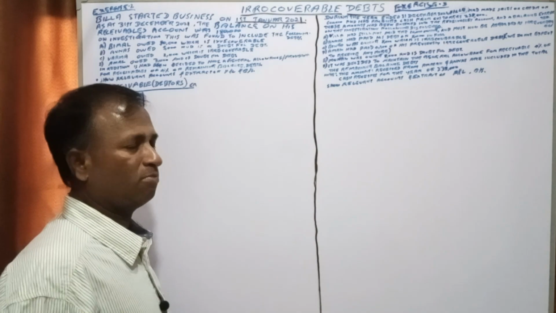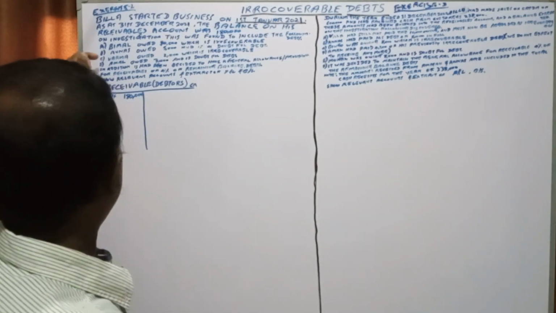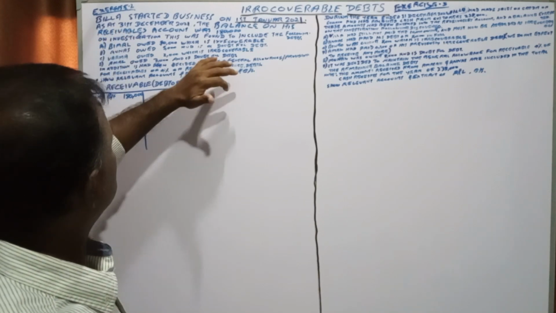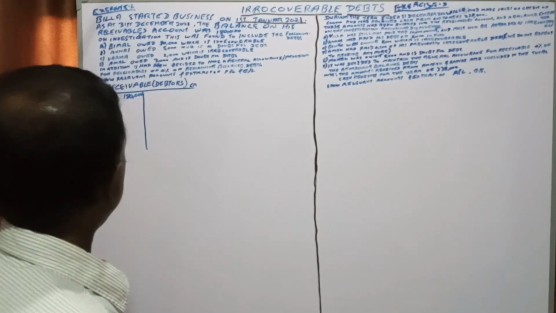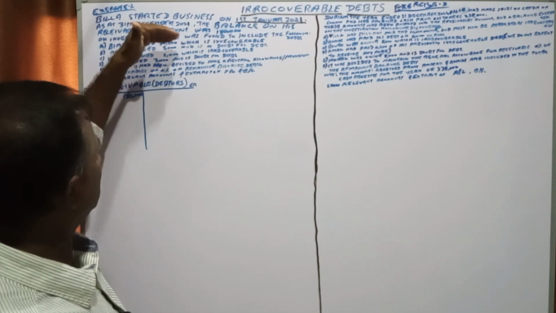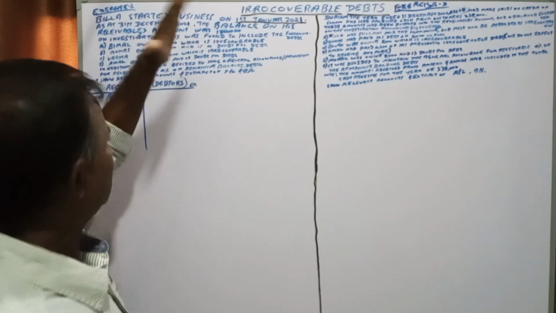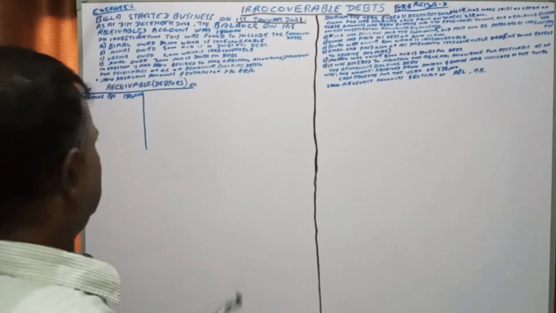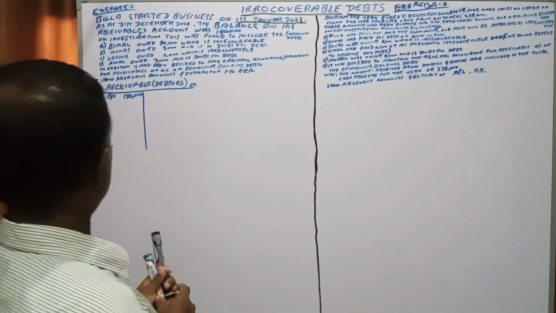First transaction, number A: Bimal owed 10,000, which is irrecoverable. That means bad debt.